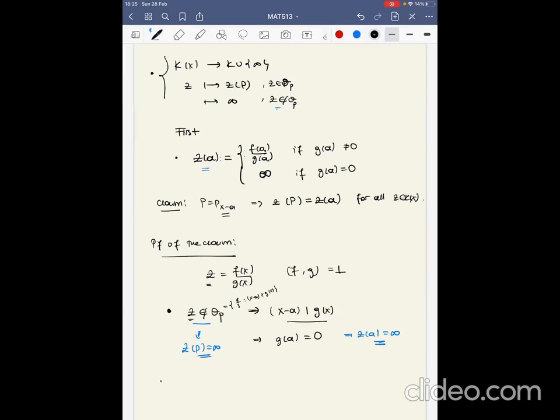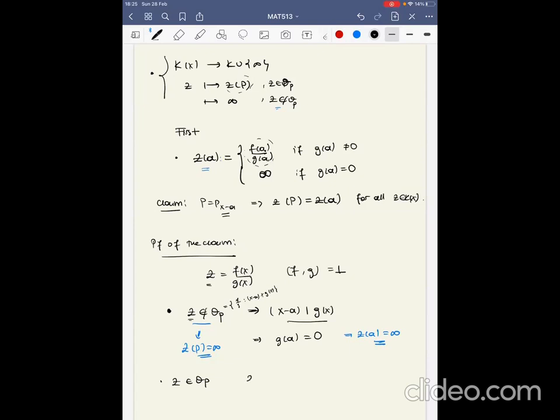Similarly, we also want to see that the equality holds when z is in O_P.